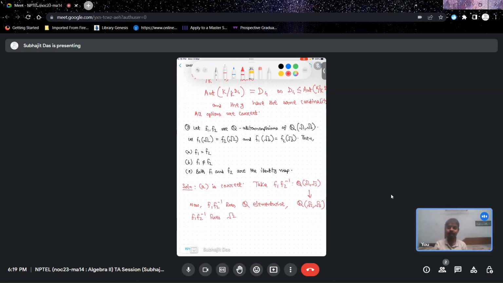Precisely because F1 and F2, as given by the first equality, which are mappings of Q(√2, √3) into itself, both map √2 onto the same element. So F1 maps √2 onto the same element as onto which F2 maps √2, and F1 and F2 again map √3 onto the same element. So the image of √3 under F1 and F2 is the same, right?